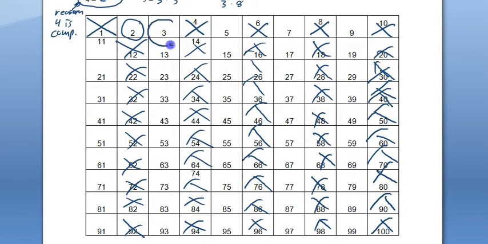Alright, we know 3 is prime because it's 1 and 3. But now anything that has a 3 in it, like 6 or 9 or 12, every third number is going to be composite.